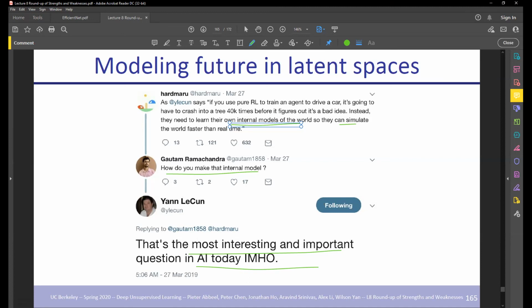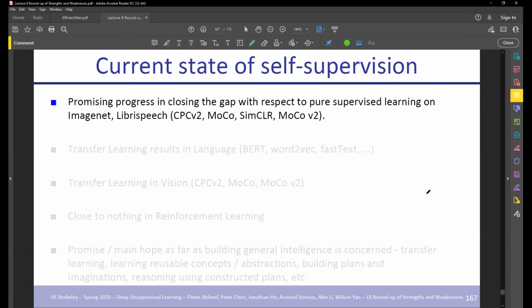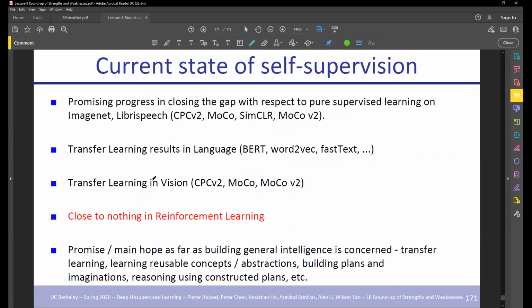Sometimes you need a model of your models, and that makes it a very fascinating topic.